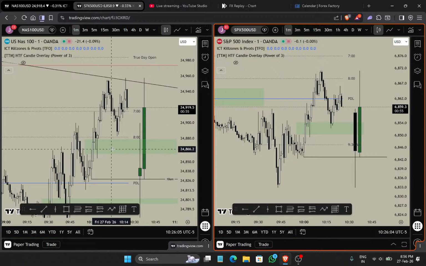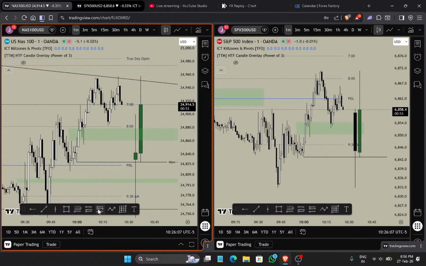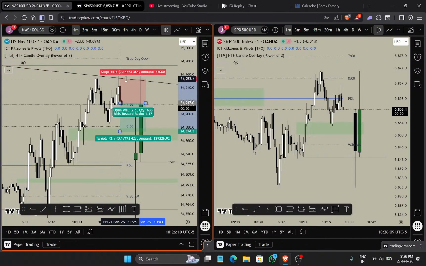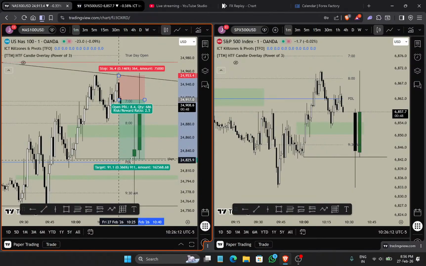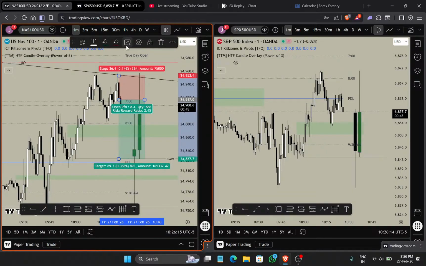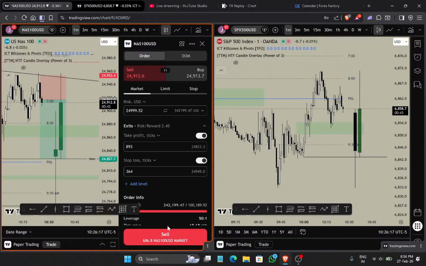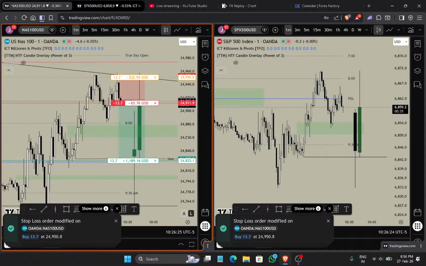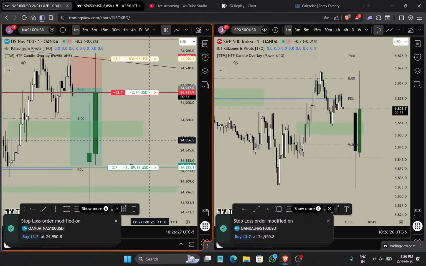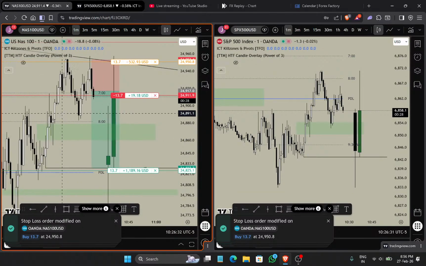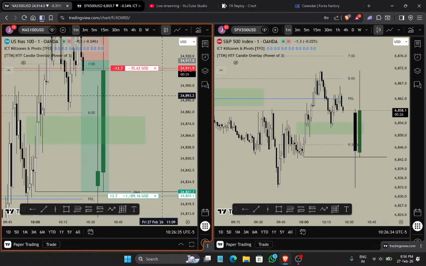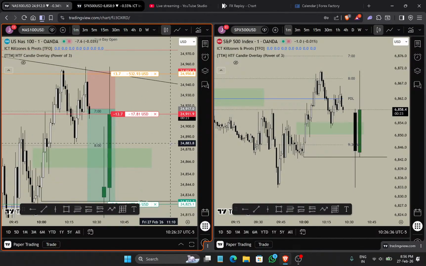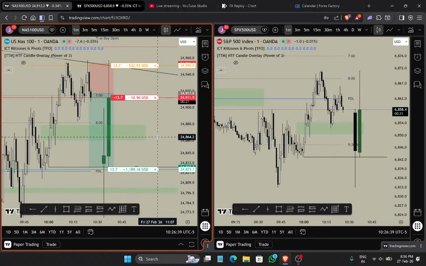Actually, this is a good shot. It's fine. This is a 30-second shot. It may happen, may not. There is a 1 minute if we zoom in, but I don't want to take that type of trades.